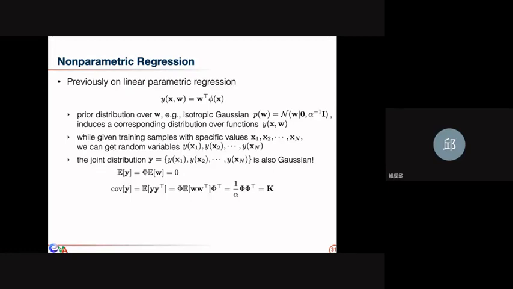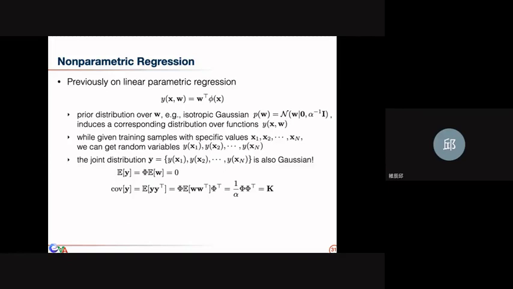Okay. So the similar story goes for all the data points. For example, now I have a data point x2. I put it into this equation, so I have phi of x2 and its inner product with the W, which has a prior distribution, and then it will end up with this y of x2, which is a random variable.